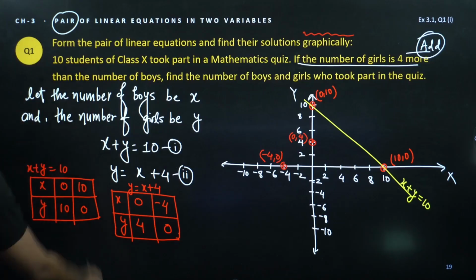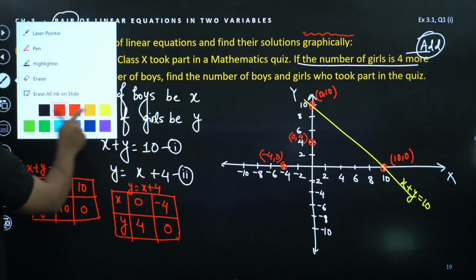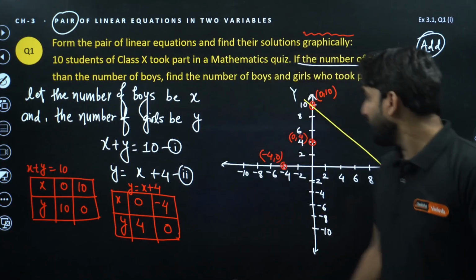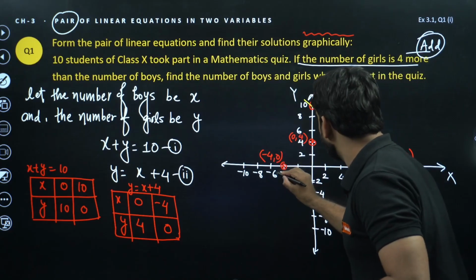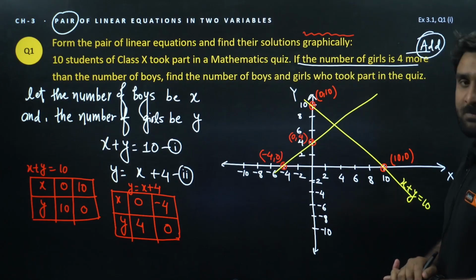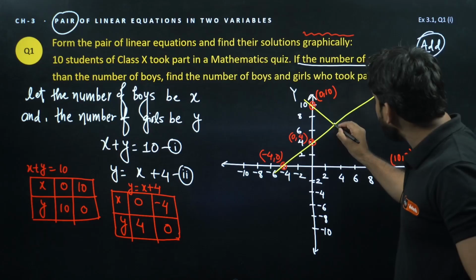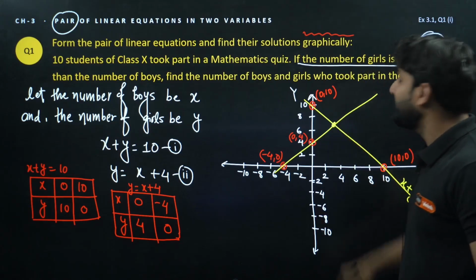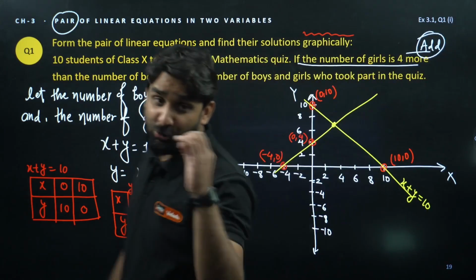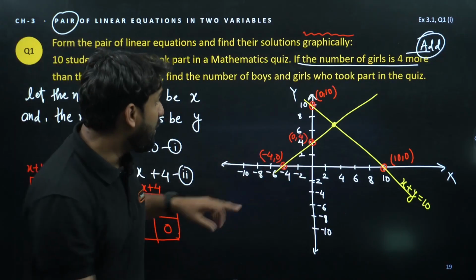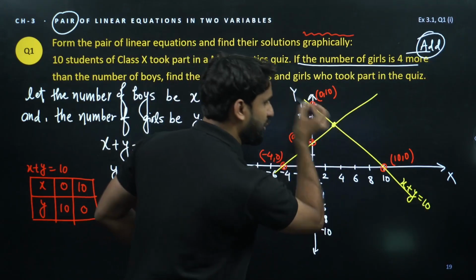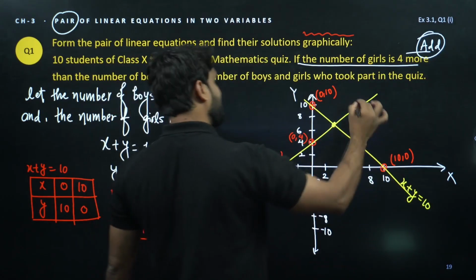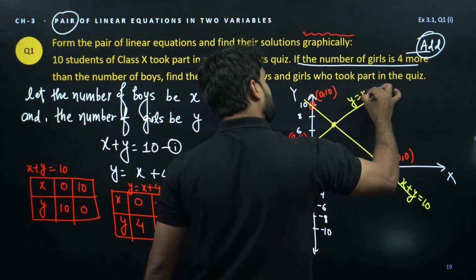Now draw the line, very carefully. This is the line. The point of intersection will give you the result, because this point is on this line and also on the other line. Let me write the name of this line: y is equal to x plus 4.